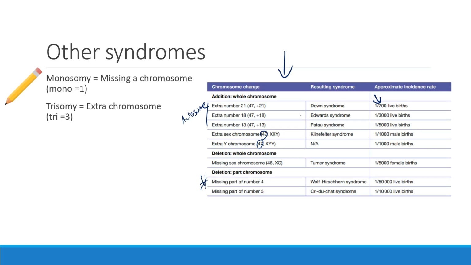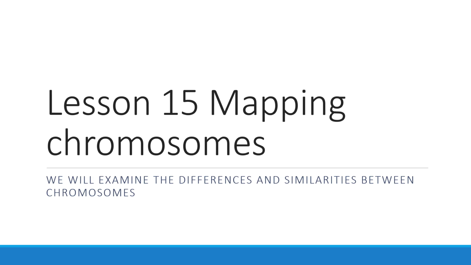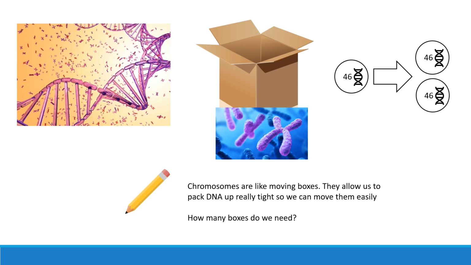So let's quickly go back over what we've done today. We've talked about chromosomes. We said chromosomes are a way to pack up DNA so that it can be shipped around from one cell to another cell quite easily.